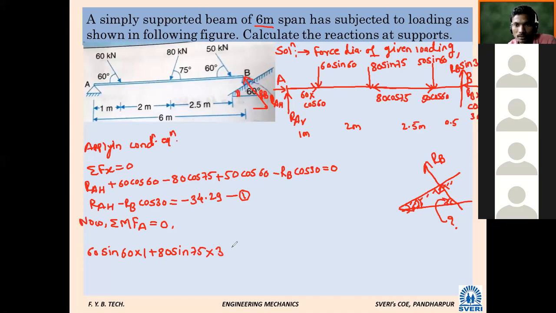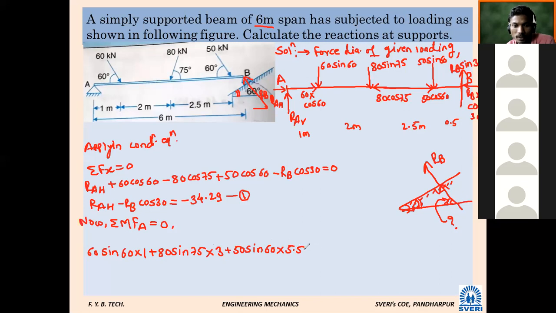Again, 50 sin 60. Positive. What is the distance? 5.5 meters. Any forces remaining? Yes, RB.